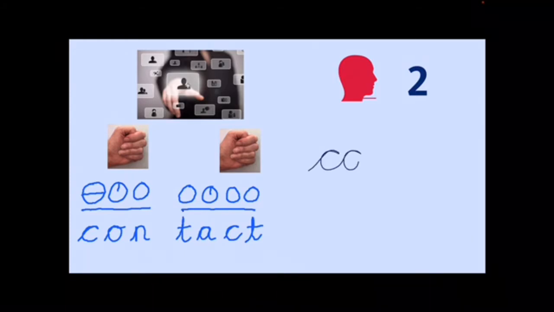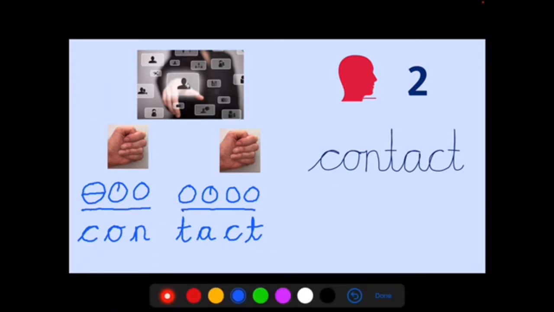K is C at the beginning of the word, because it was followed by O, and at the end of the word, contact.